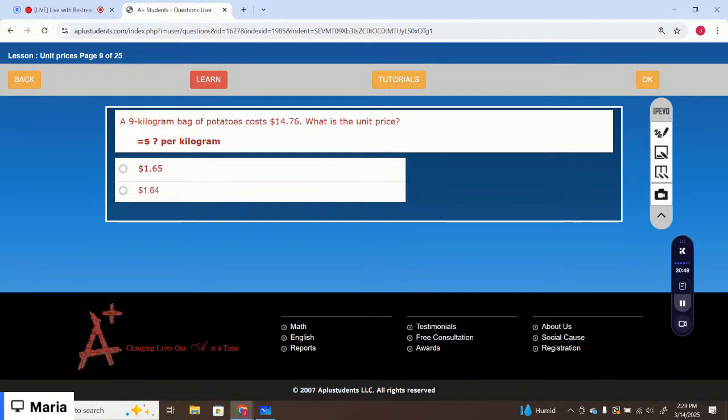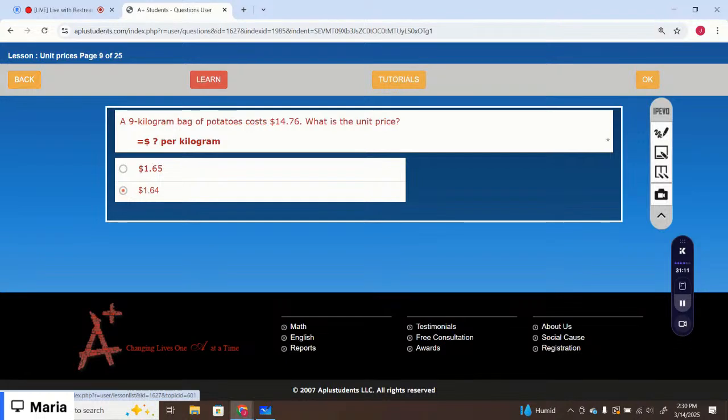A 9 kilogram bag of potatoes costs $14.76. What is the unit price? That is $1.64. Option number 2 is the correct option.